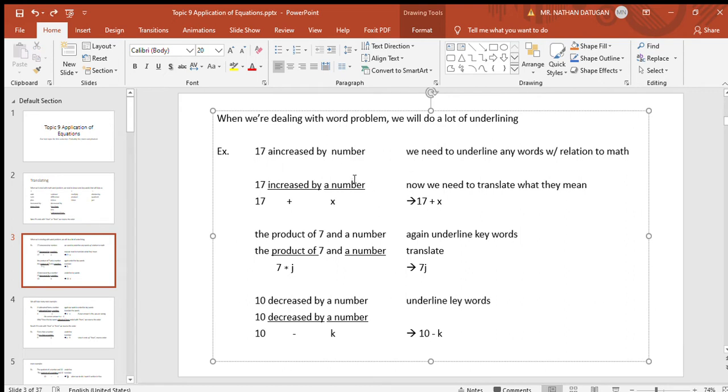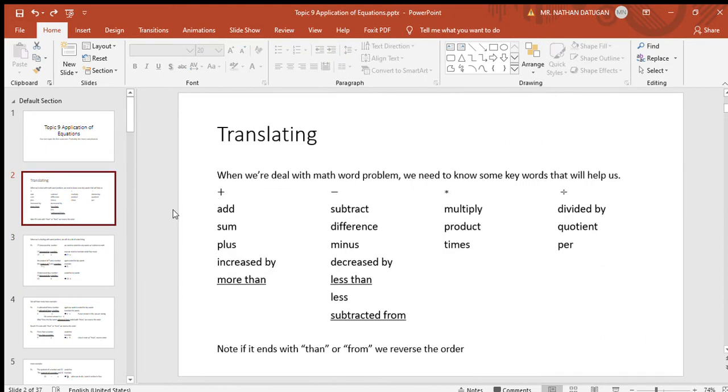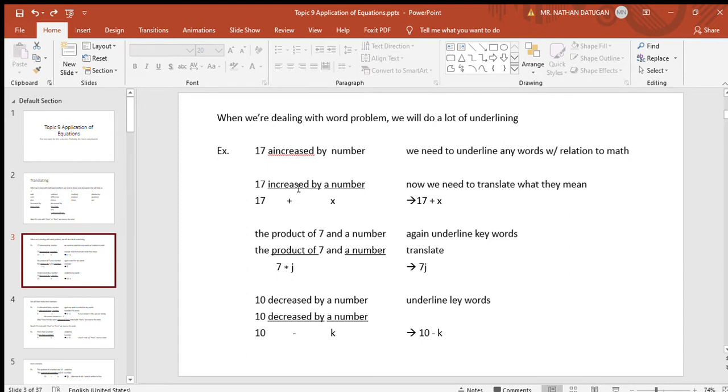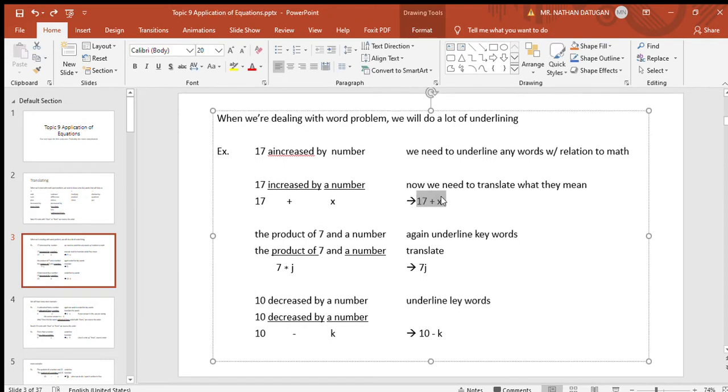We don't know what a number is yet. So increase by is addition. So we're going to translate that to addition. And a number is basically a variable. So we're going to translate that into a variable. In this case, I put x. You can put any letter you want except O, since it looks like a 0. Typically we just use x, and then when we translate that, 17 increased by a number is basically 17 plus x.